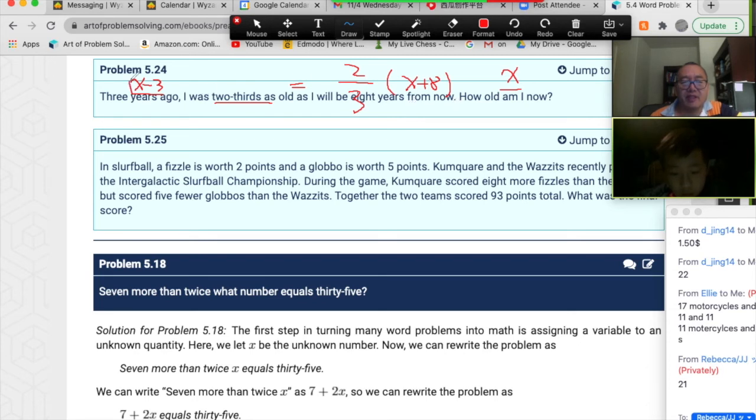So that means this age equals 2/3 times x plus 8. So then you solve this equation. Here you have a fraction. We need to get rid of the fraction. So both sides we need to multiply by 3.